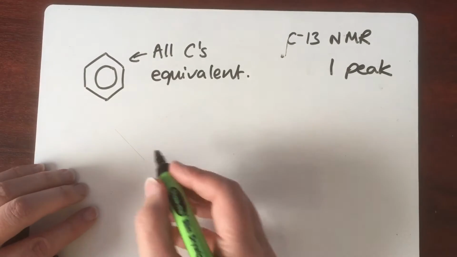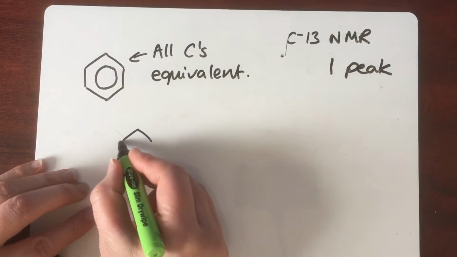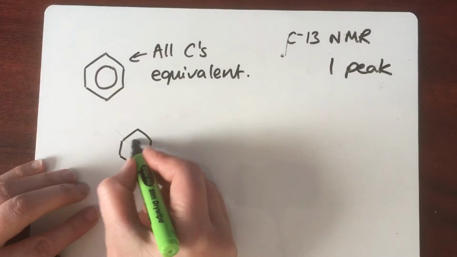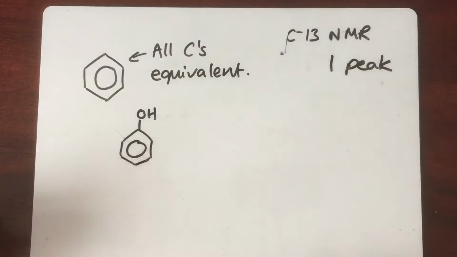If, however, you've got a substituent on that benzene ring, so let's say we've got a benzene ring, let's not put a carbon on there at the moment, let's put an alcohol group on there like that. So we've now got a substituent on that ring.